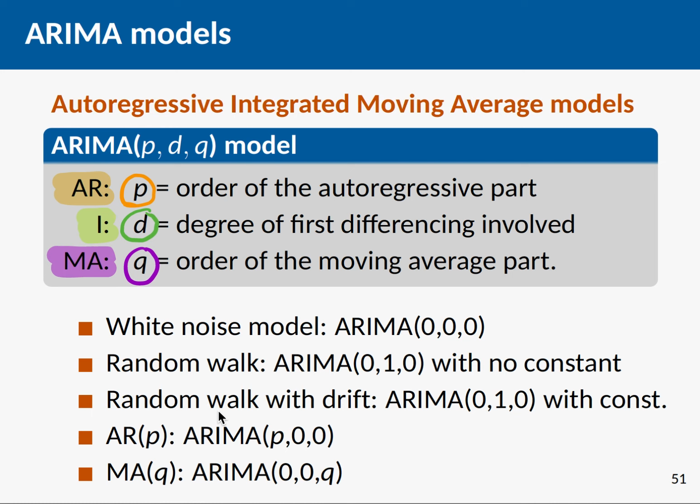This basically means that a random walk model with or without drift has to be differenced one time in both cases to make it stationary. Finally, you have your AR(p) representation, which is just ARIMA(p,0,0), a standard autoregressive process of order p, and an MA(q) model, which is ARIMA(0,0,q), representing the qth order for the MA process.